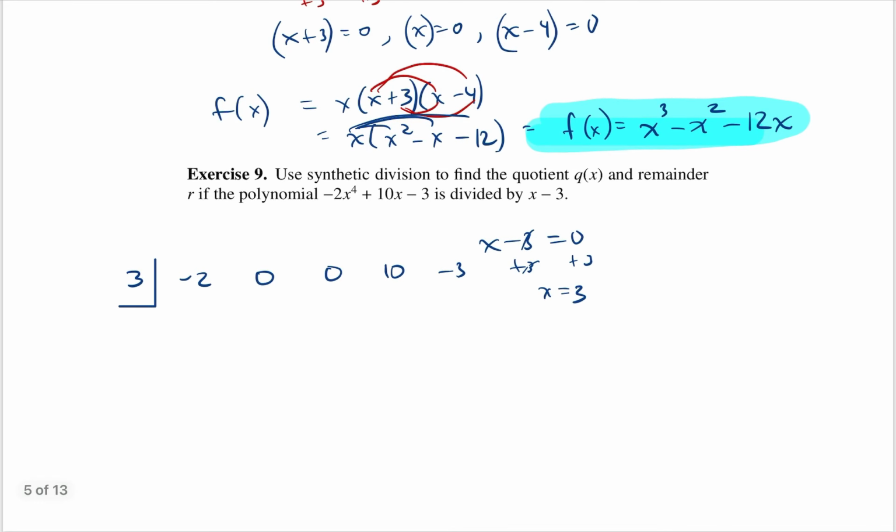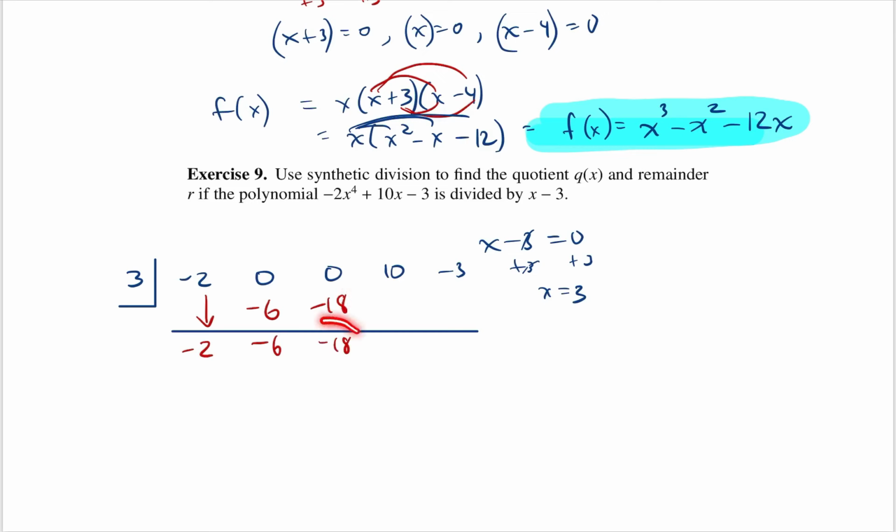Right now, we draw a straight line below these numbers, and then you drop the first number all the way down, and then you begin to multiply these two numbers, which is negative 6, and then you add, which is negative 6. Then you multiply these two numbers, negative 18, and then you add negative 18.